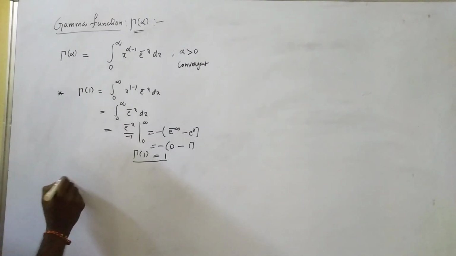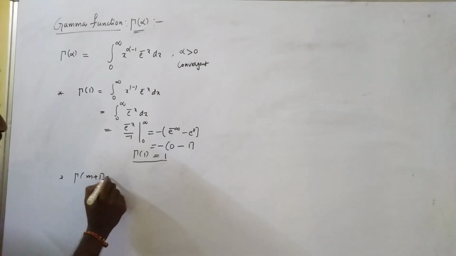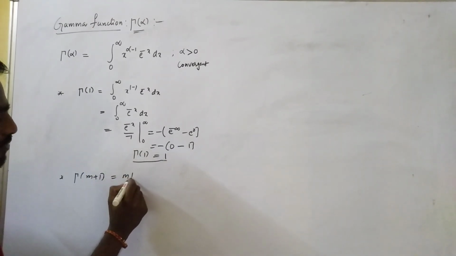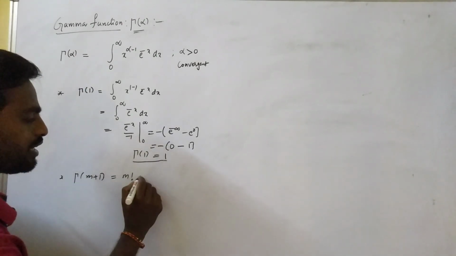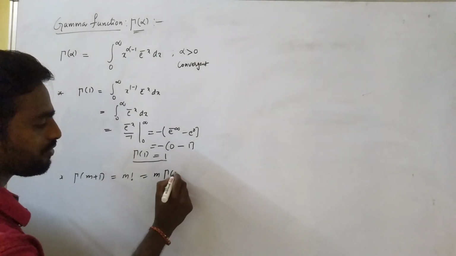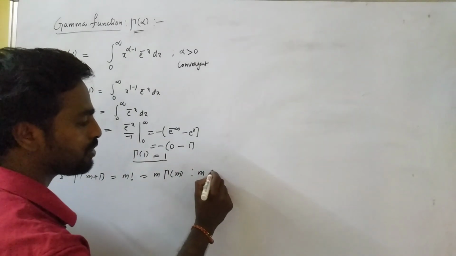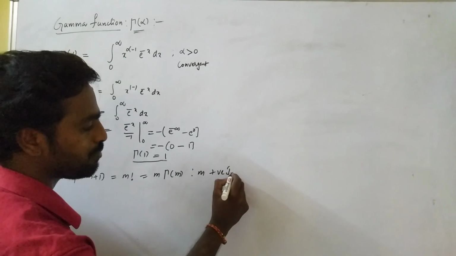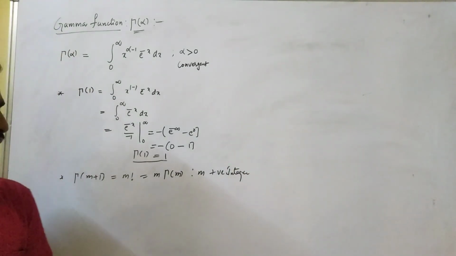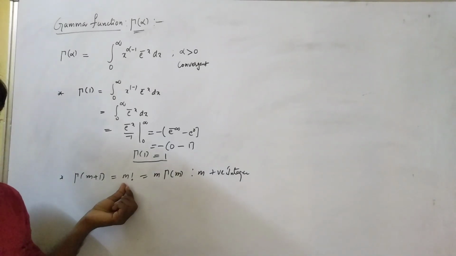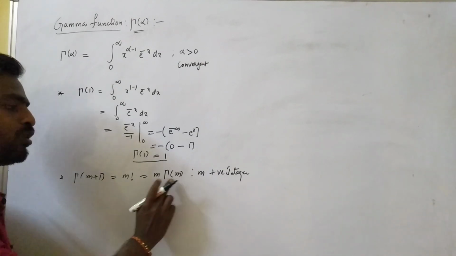Next, another property: gamma of m plus 1 is equal to m factorial, or otherwise we can write m into gamma of m. Here m is a positive integer. If it is not an integer, we cannot write the factorial, so in this case we write m into gamma of m.